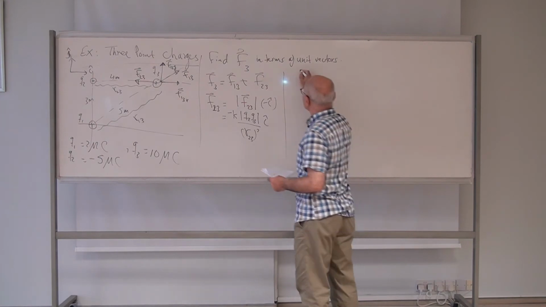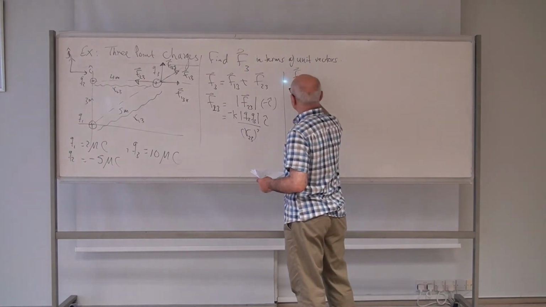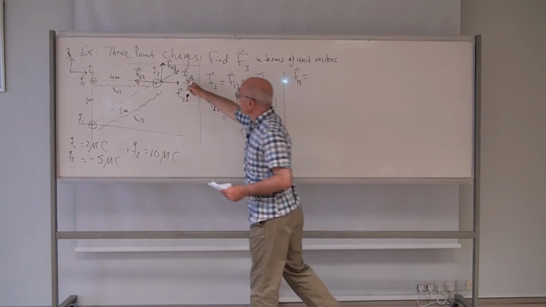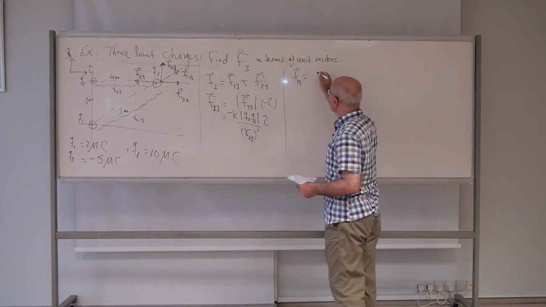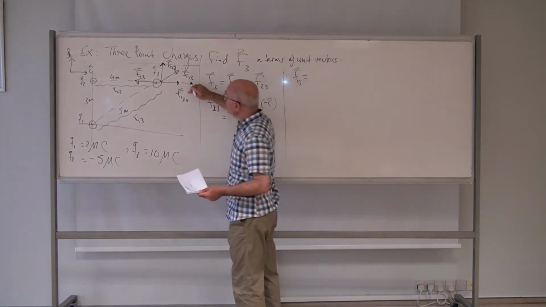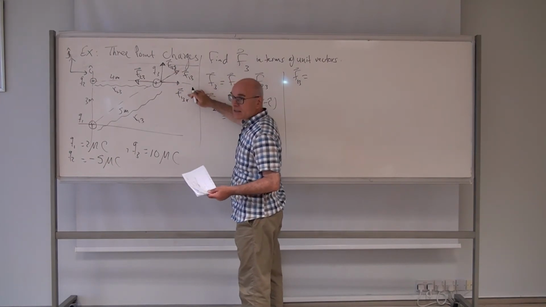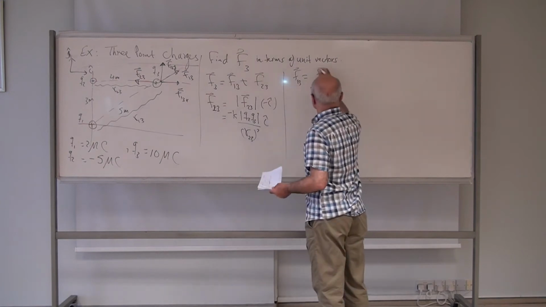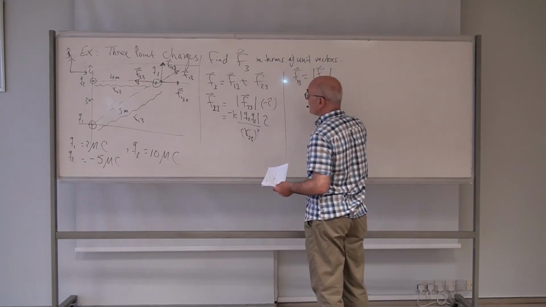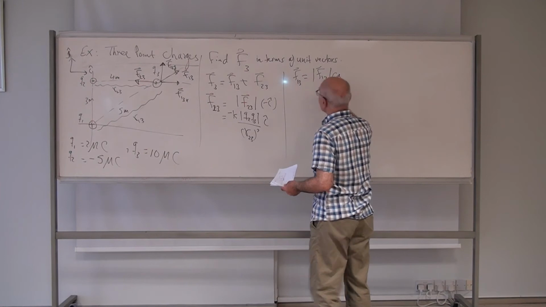Now let me look at F13, this vector. Well, F13 here is the sum of two vectors, this one and this one. This is the x component of F13. And what is this x component? It is just F13, the magnitude, cosine which angle?